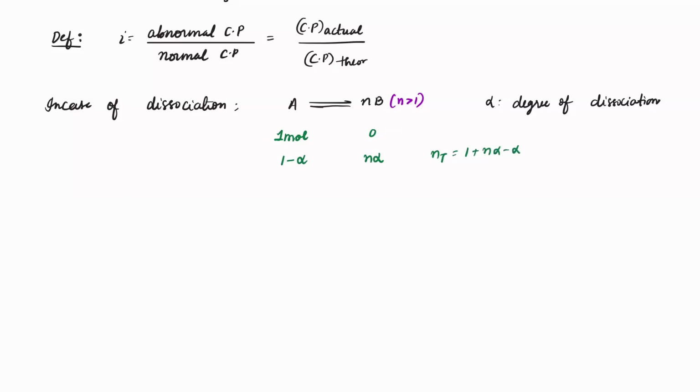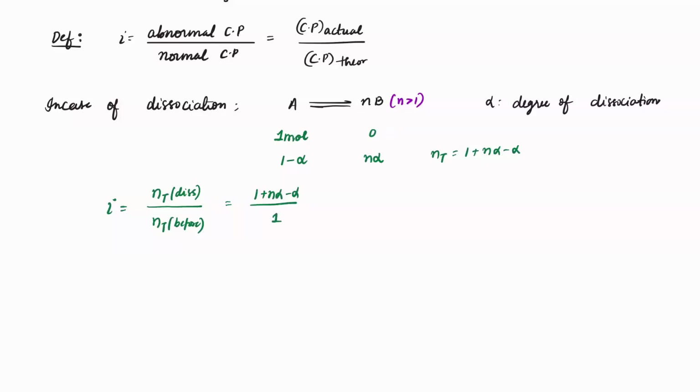As per your theoretical calculation, you will take the number of moles as 1. But practically how much should we take? This much. So this is the actual colligative property, and this is the theoretical colligative property. Therefore, I will be equal to the number of moles after dissociation, correct, and the number of moles before dissociation, which is equal to 1 plus n alpha minus alpha divided by 1.